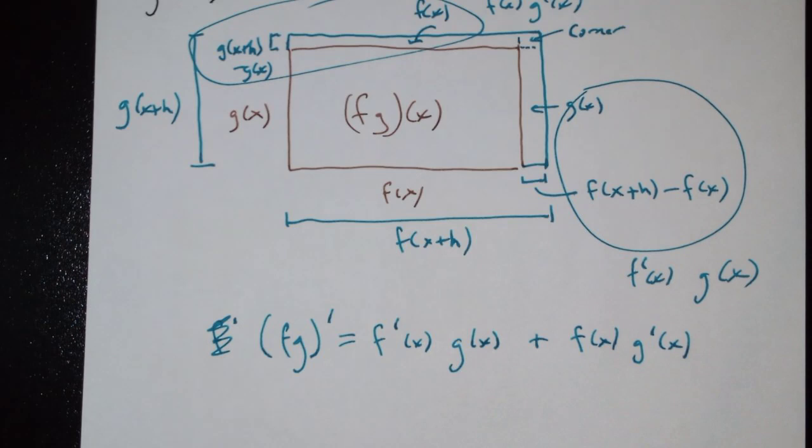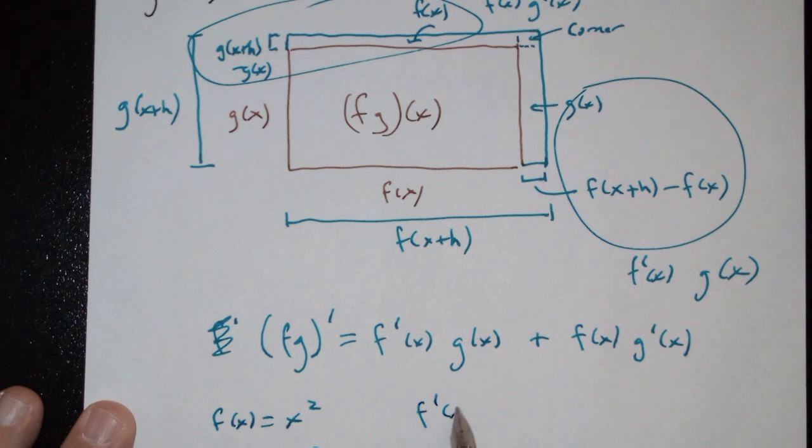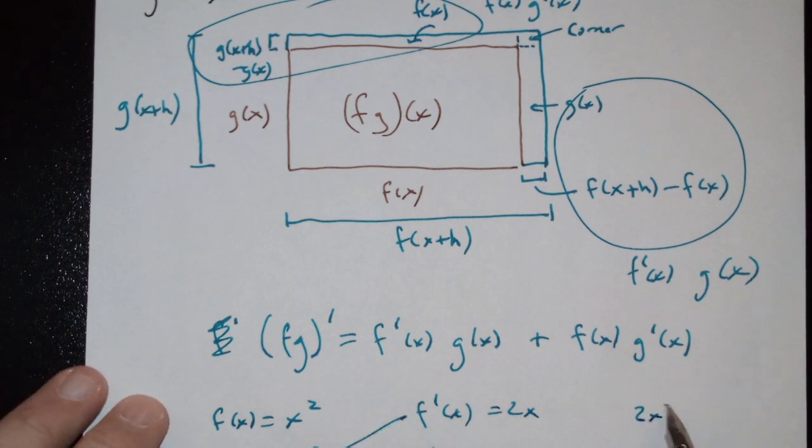Hey, wait a second. Let's check. Remember our example? F prime of x was 2x. G prime of x was 3x squared. And if I take f prime times g, I get 2x times x to the third.